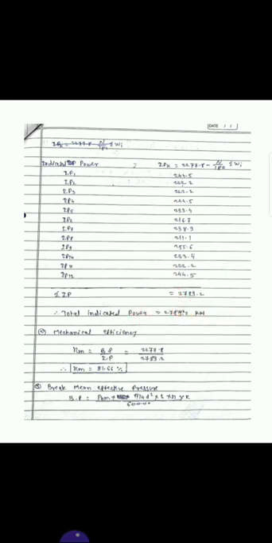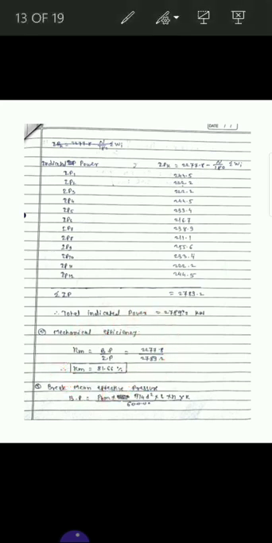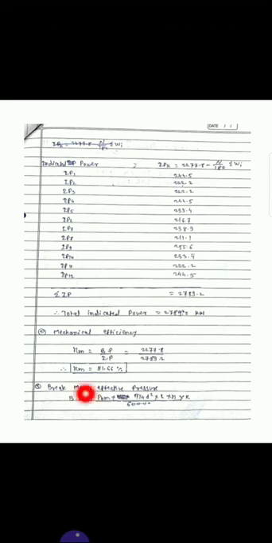And now once you get the indicated power, similar to the previous problem, we can find out the mechanical efficiency by using brake power divided by indicated power. And in the same manner as the previous problem, we have to find out the brake mean effective pressure. Brake power equals PBM into Vs. Vs is nothing but pi by 4 d square into L into small n into K divided by 60,000.